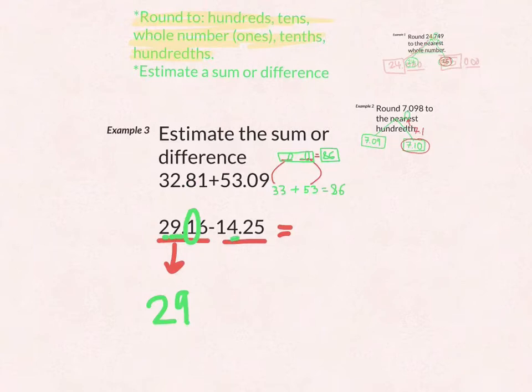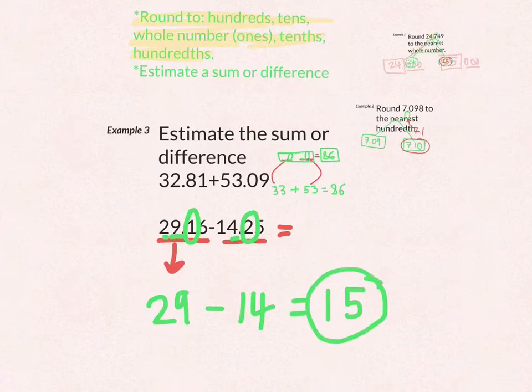We can round 14 and 25 hundredths also to the ones place. And it's 14. So we end up with 29 minus 14, which again we can do in our head. 20 minus 10 is 10. 9 minus 4 is 5. So 15 is our estimate. That means that this should be close to 15.